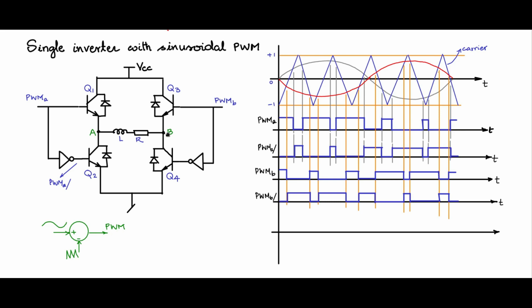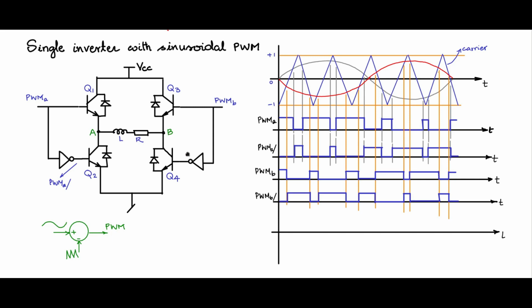Likewise, the potential at B with respect to ground will swing from VCC to 0. It will be like PWM B, only the amplitude will be VCC. So the difference between PWM A scaled with VCC and PWM B scaled with VCC should give you the voltage waveform VAB.